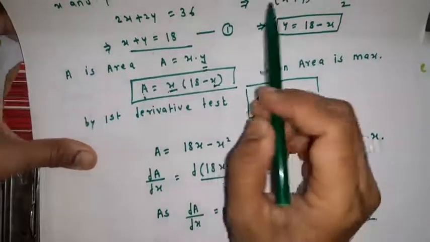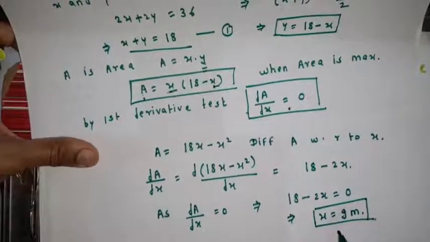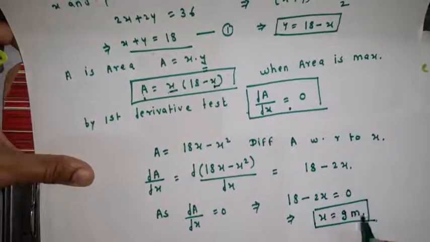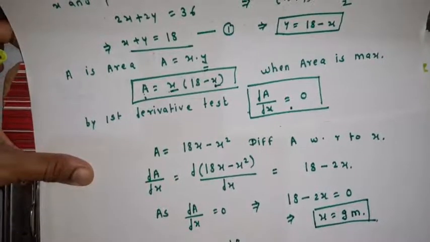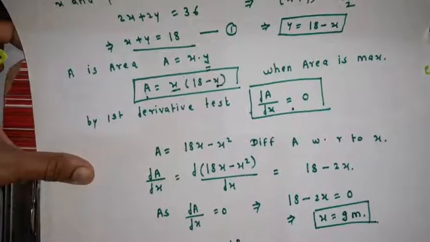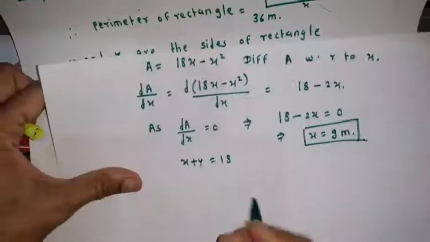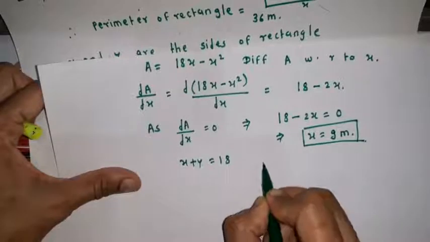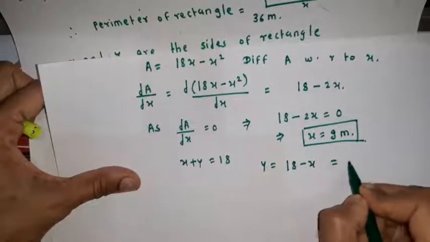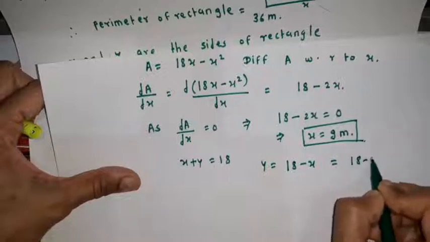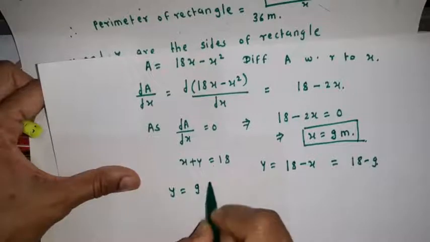So the side of the rectangle, x, equals 9. Now by putting this value of x in the expression x plus y equals 18, we will get the value of y. y equals 18 minus x, that is 18 minus 9, and therefore y is also 9 meters.